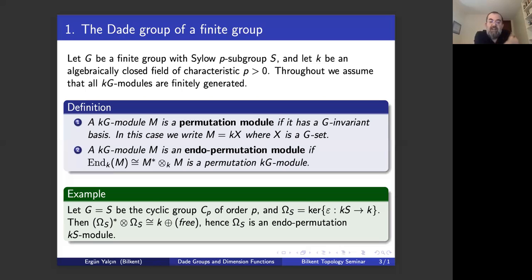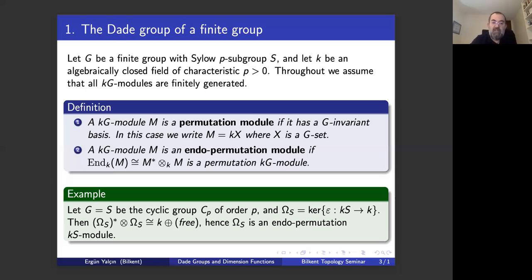These actually are very important examples for C_p. These will generate something called a Dade group. Later we'll see that. But these Heller shifts are primary examples. If you heard of something called an endo-trivial module, which I will define later, these are also endo-trivial.